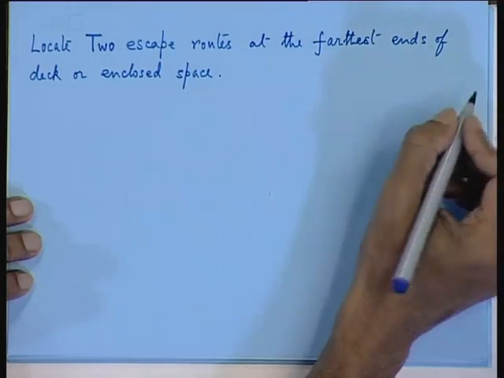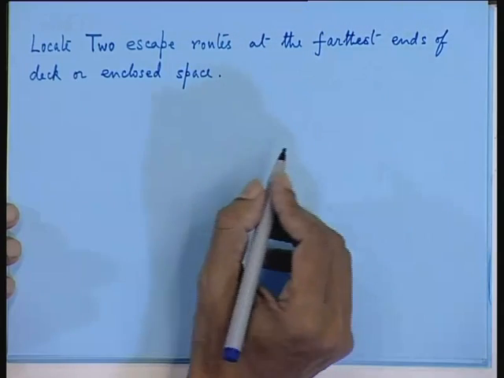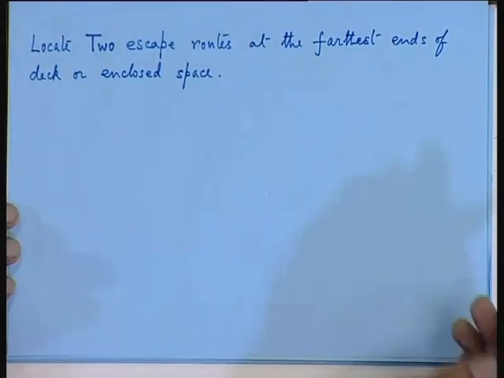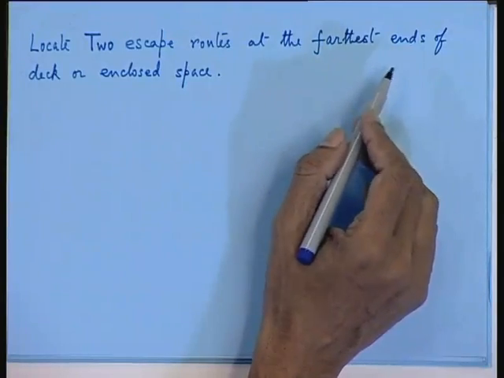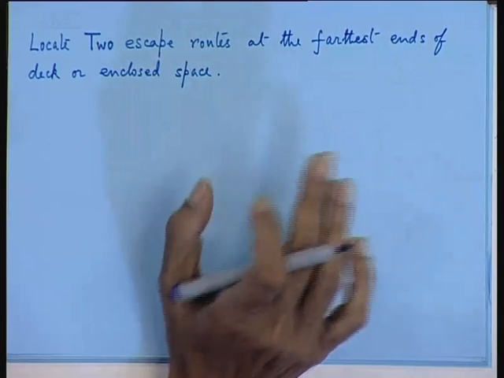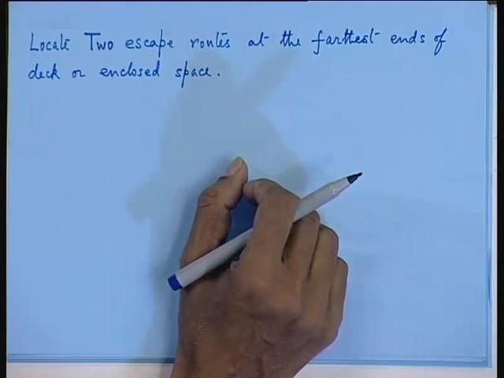For the simple reason that if one of the spaces catches fire, then the personnel can immediately run to another space and save his life. So the two escape routes should be designed at the farthest ends of the enclosed space or deck, whatever it is. These are the major points that you remember.